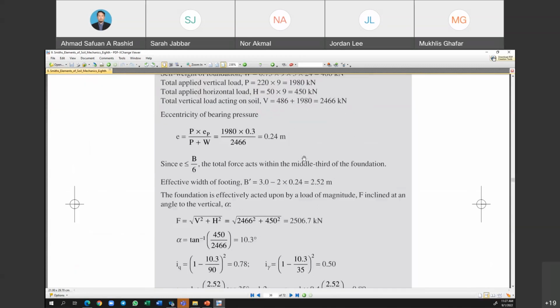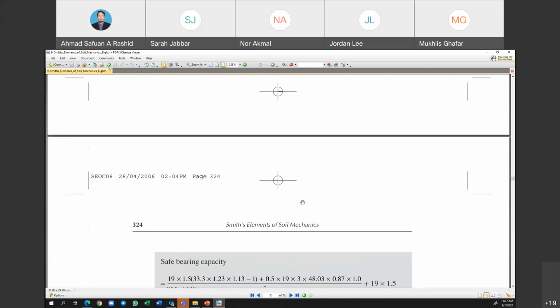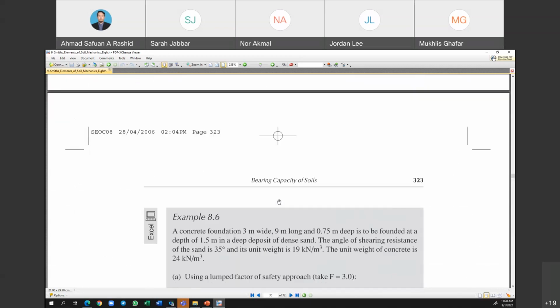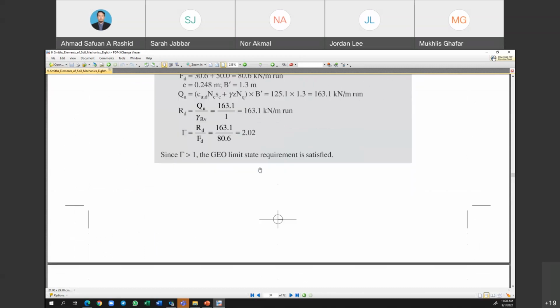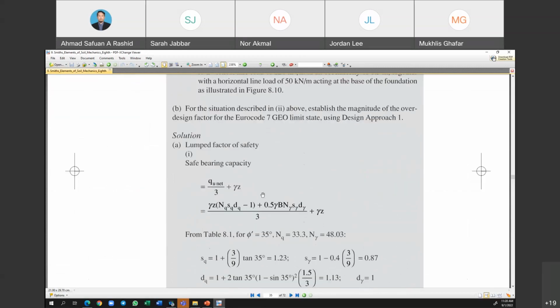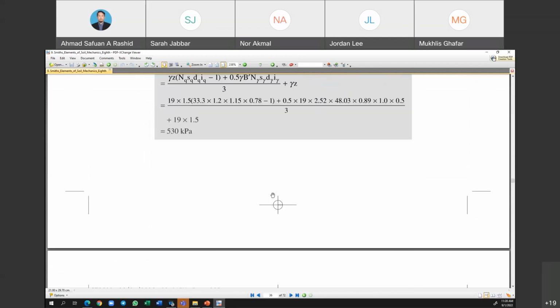On the first one, because it is a continuous footing. Let me look at the first one. On the first one, he has multiplied with the B prime to get the load. However, for this case, I guess we actually need to multiply with the B prime, not the B.